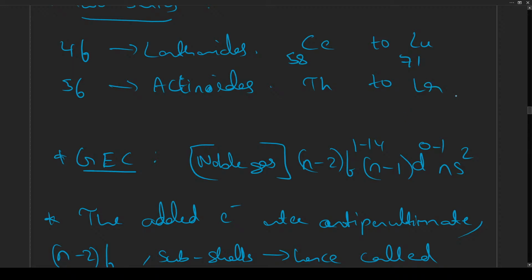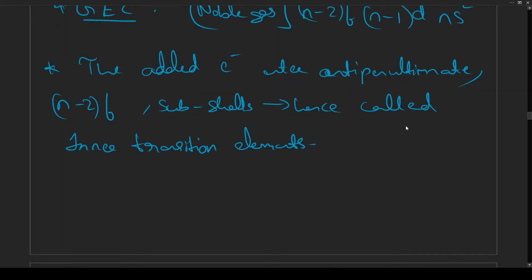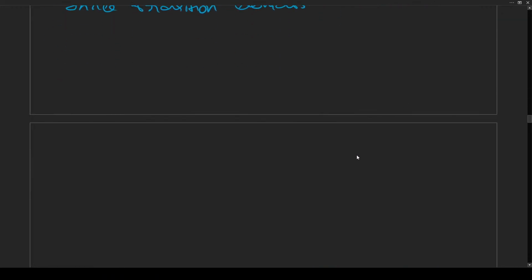As for their atomic numbers, 90 thorium and 103 lawrencium. This is a general summary about the inner transition elements or F block elements.